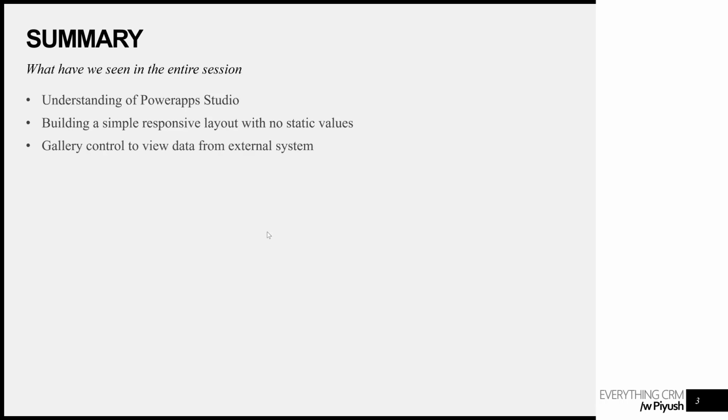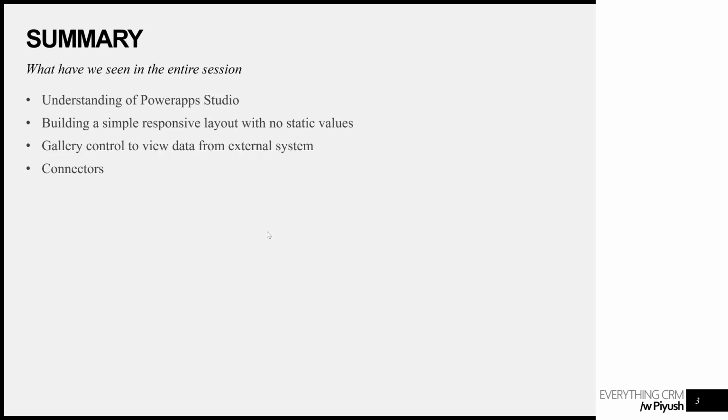And then we used one of the gallery controls, and viewed the data from an external system. And this is actually the USP of PowerApps. It is capable of displaying data from multiple sources into a single canvas. We then took a look at all of the different connectors that are available for PowerApps.